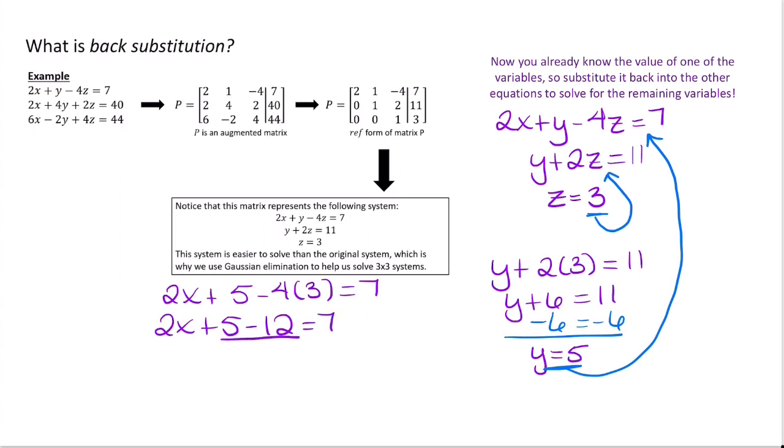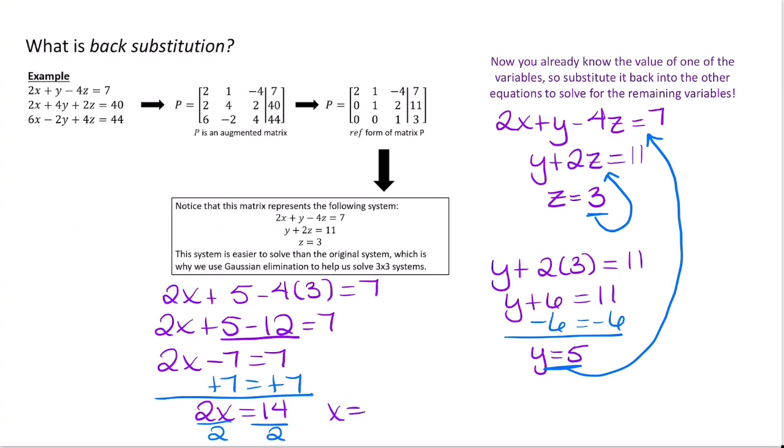So 5 minus 12, well, that's going to be minus 7. So I have 2x minus 7 equals 7. And I can now solve this by adding 7 to both sides. So when I add 7 to both sides, I'm going to get 2x equals 14. And then I'm going to divide both sides by 2. And that gives me x equals 7.